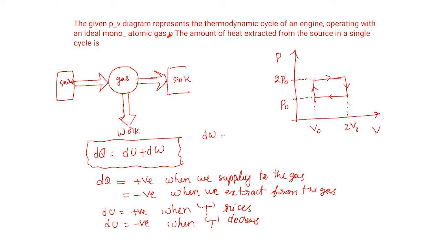Work done will be positive when volume increases, children. dW will be negative when volume decreases. So write all these sign conventions.